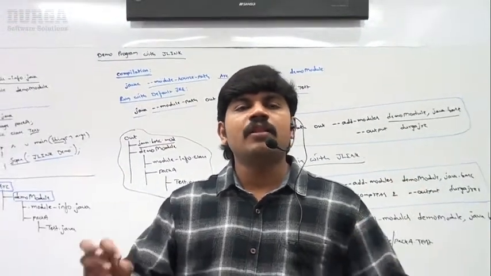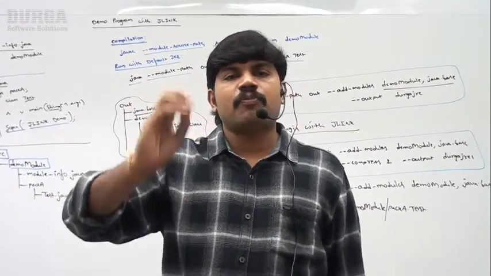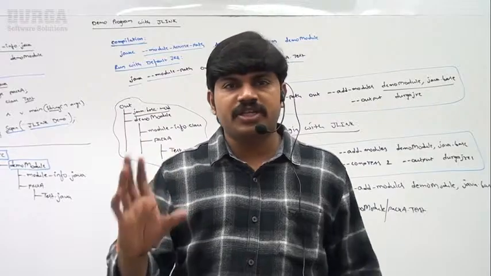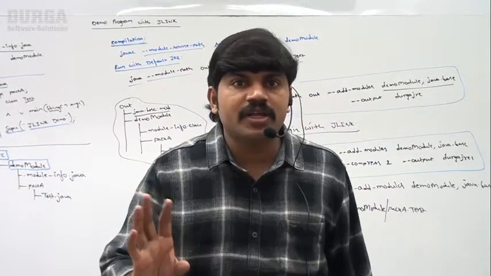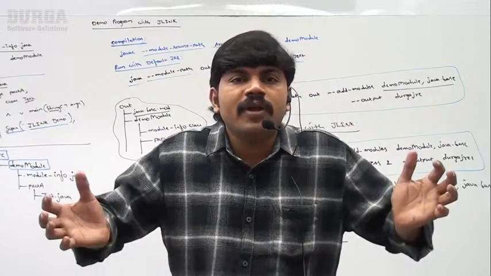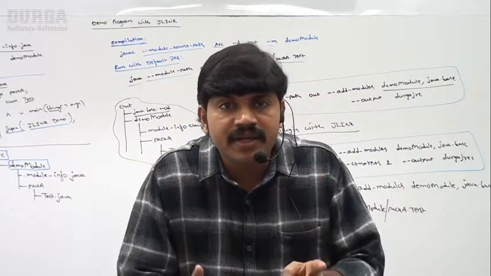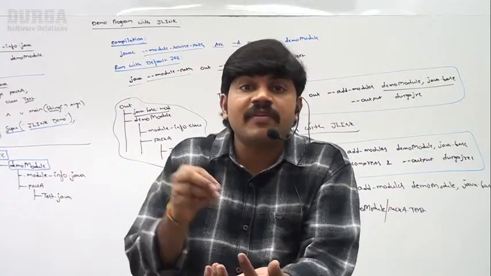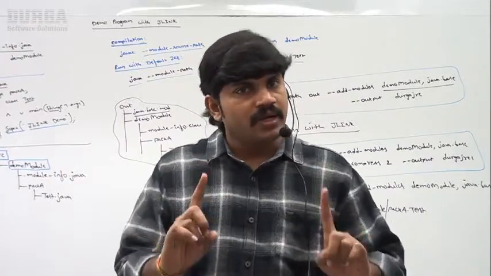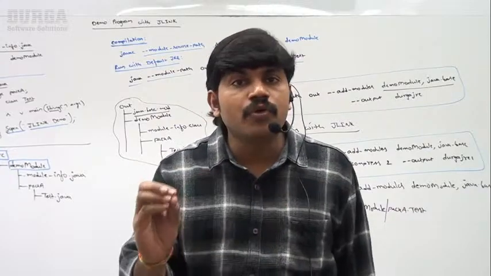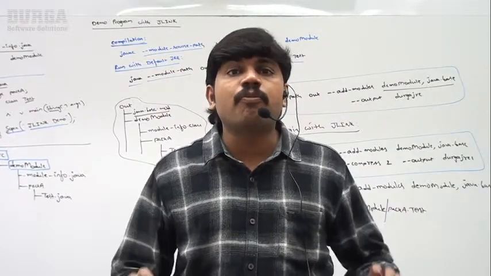Can you please tell what is the purpose of J-Link, to create our own customized JRE? What is the advantage of J-Link? With only the required modules, we can create a very small JRE, so our Java applications run with less memory. So Java is also suitable for IoT applications, microservices, and portable devices.